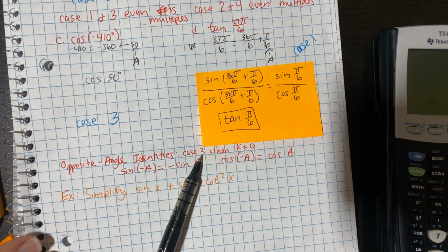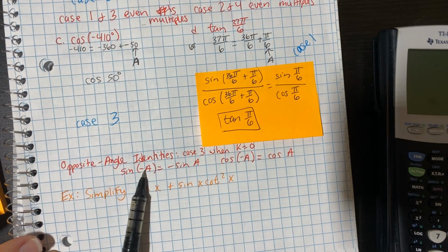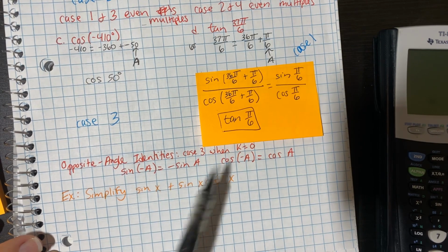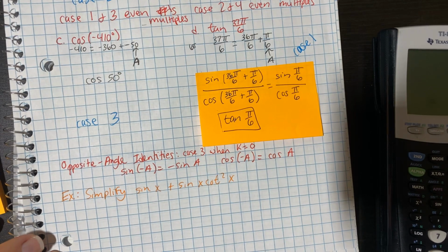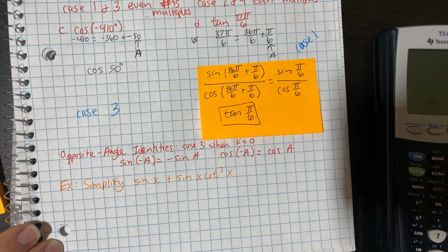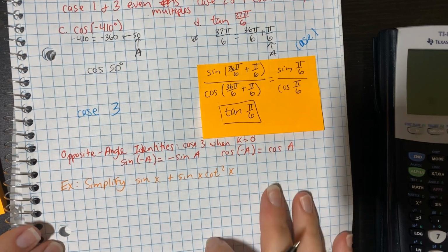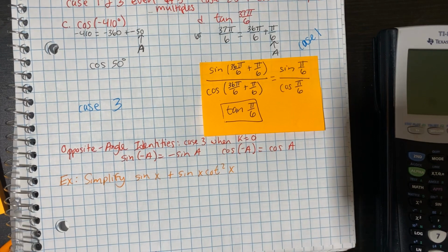Opposite angle identity is case 3. When k equals 0, the negative sign is just going to flip the sign out front, and the negative sign is going to get rid of the sign. Okay? So it's just a random identity for you. Okay, last problem says simplify.